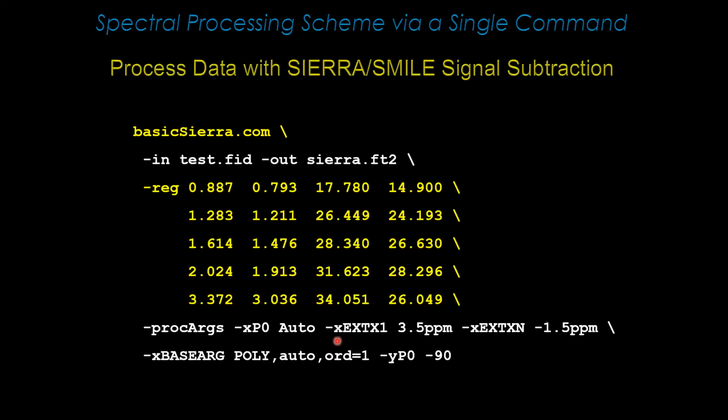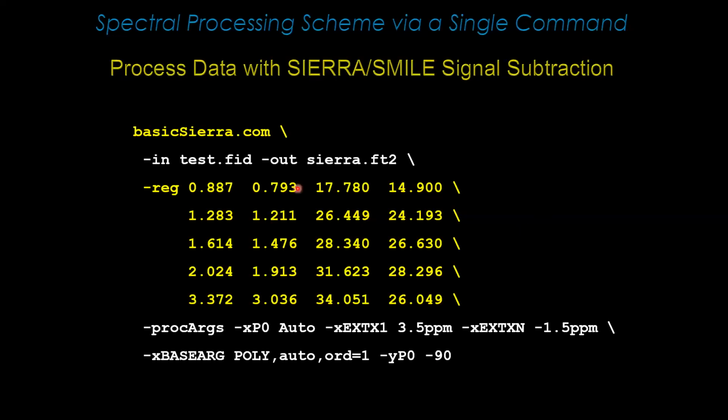So we just use the same kind of processing arguments that we would use for reconstructing an ordinary spectrum, but we also have a list of the different regions whose signals we would like to model and subtract. So it's about as easy as it could be.